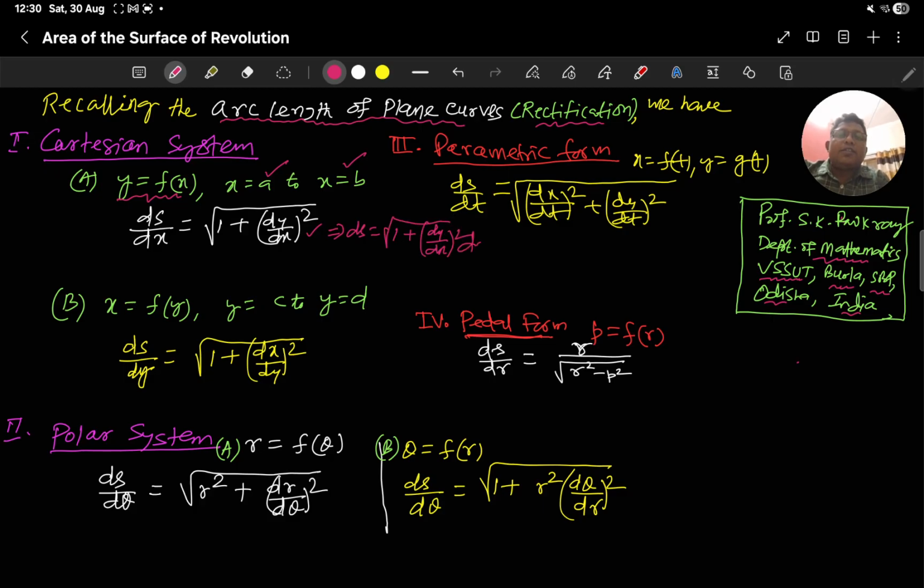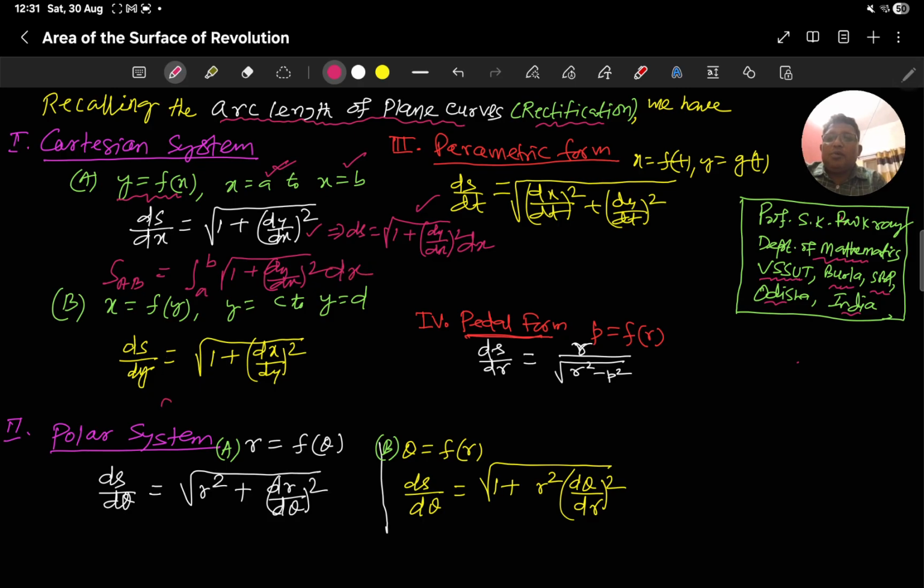So ds will be the square root of 1 plus (dy by dx) whole square times dx. Now if I find the length of the arc s from the point A to B, S_AB will be simply the integration from a to b of the square root of 1 plus (dy by dx) whole square dx. Already we have discussed it.